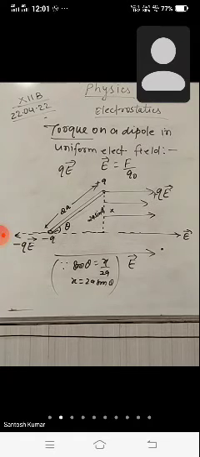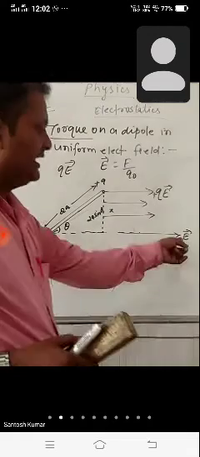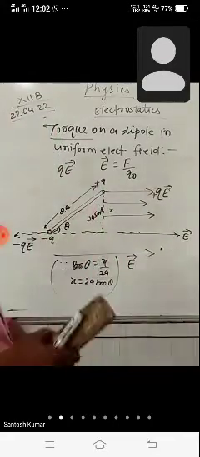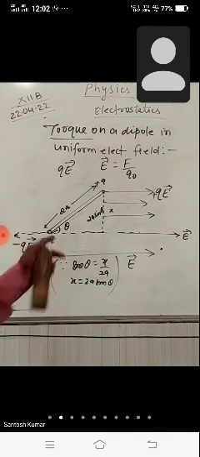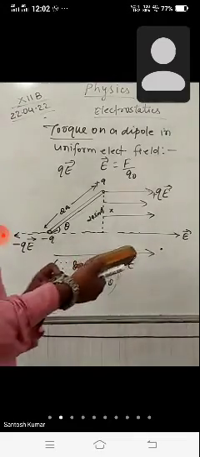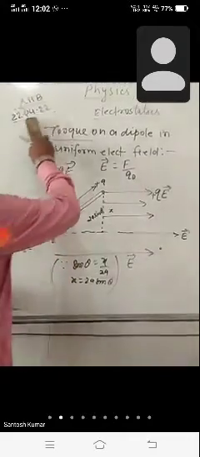There is no problem for anyone? This is the electric field, and parallel lines represent the uniform electric field. The dipole has been placed at an angle theta. Just do it fast, we have to complete this within a few minutes. Complete the diagram, I will erase it soon.